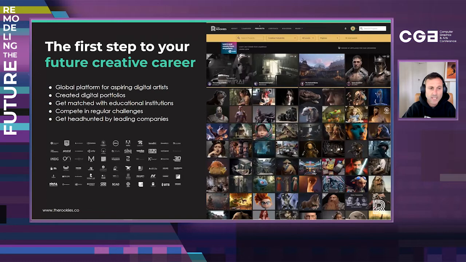We also get a lot of studios and recruiters looking at our platform, looking for the next generation of young talent coming through. It's a really interesting time for the visual effects and gaming industries right now, because there's so much content being created and there's only a certain amount of talent pool they can tap into.